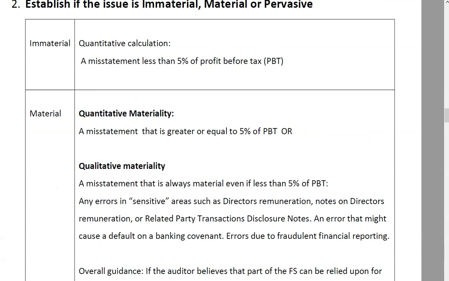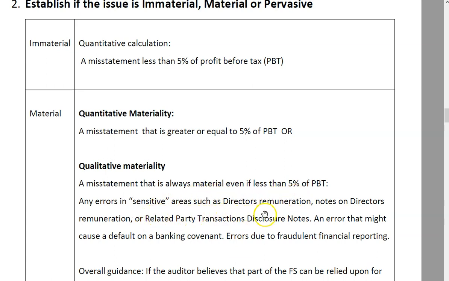So once you know the difference between an error and a limitation of scope, then you determine if it's an error or limitation of scope. Then you look at the materiality. Normally I'm saying we use the quantitative calculation: something is immaterial if it's less than 5% of profit before tax, and it's material if it's greater than 5%. And qualitative materiality. These issues are always material even if they're less than 5% of PBT.